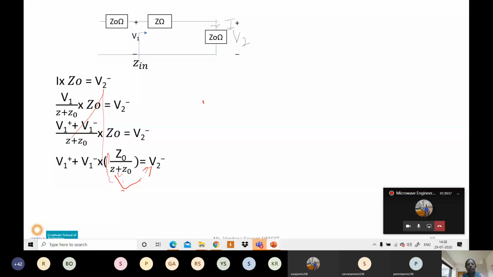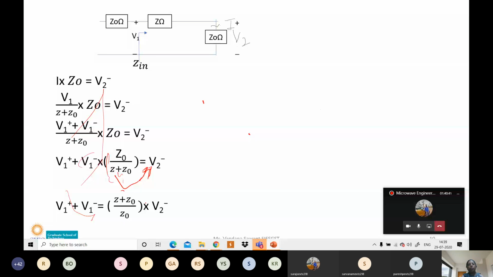That is, V1 plus V1 minus is equal to Z plus Z0 divided by Z0 into V2 minus. We have just brought this term from the left side to the right side. So when we bring it, Z0 upon Z plus Z0 gets reversed: multiplication becomes division and division becomes multiplication. So Z plus Z0 divided by Z0 into V2 minus. This is our equation.